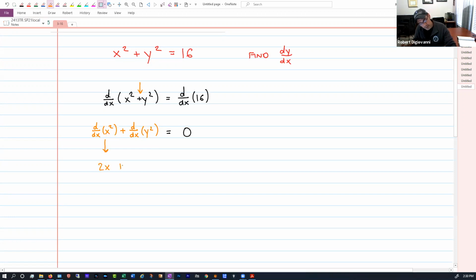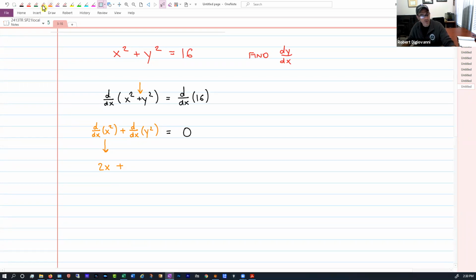All right, plus. Now, this part right here is the part that people mess up. What we're doing here is we're saying, take the derivative with respect to x of y squared. So notice that the variable here is y, but the variable here is x. Those are different variables, aren't they?